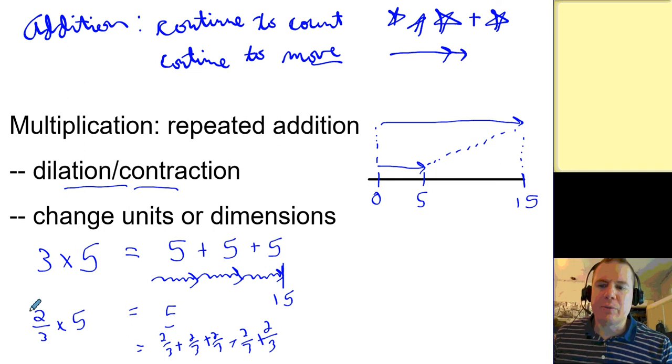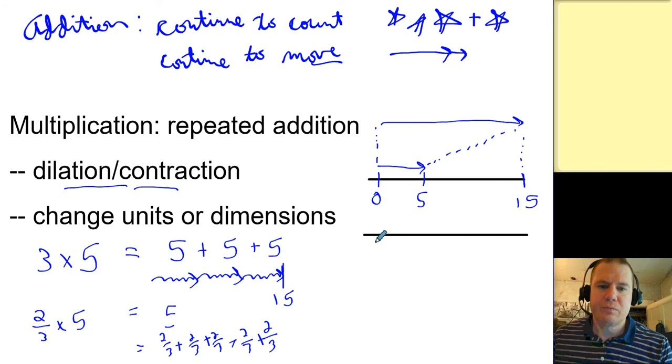That lets me deal with fractions, where I can take 5 and squeeze it in, contract it, so that it's only 2/3 its size.